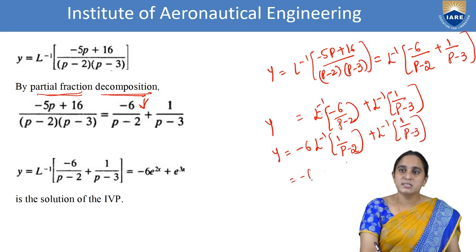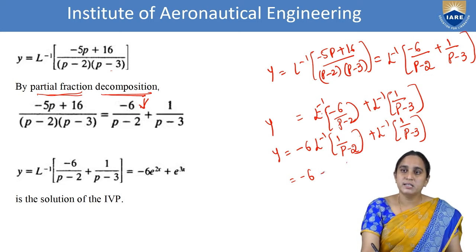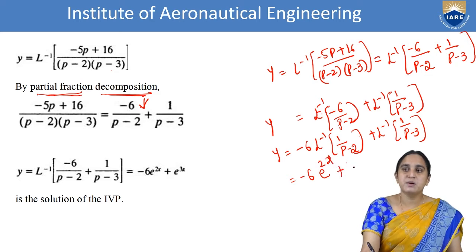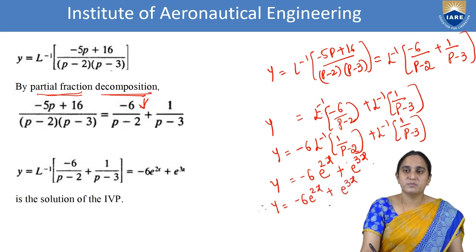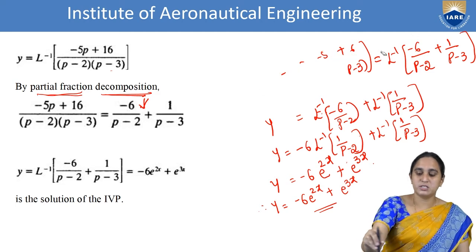Laplace inverse of 1/(s - a) is e^(ax). So that gives e^(2x), and for 1/(p - 3) it is e^(3x). Therefore, the solution for the given question is y equal to -6 e^(2x) + e^(3x). This is the answer for the second question.